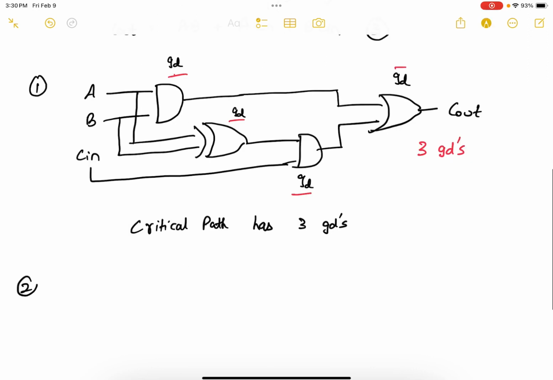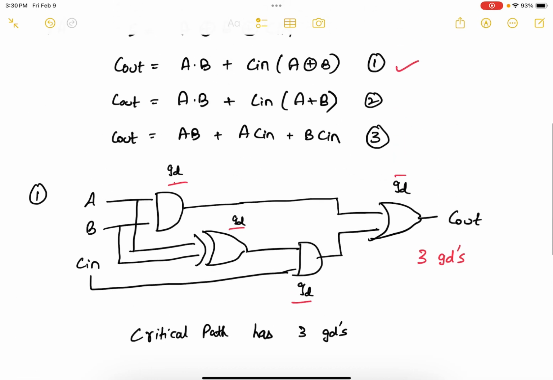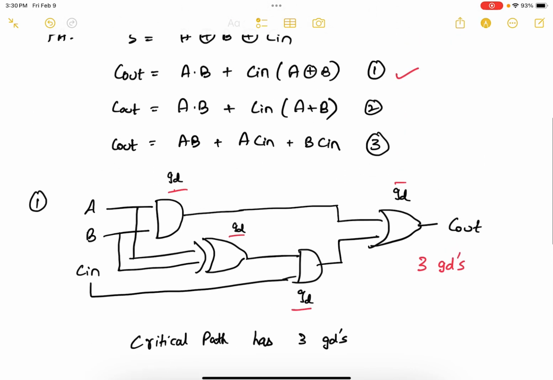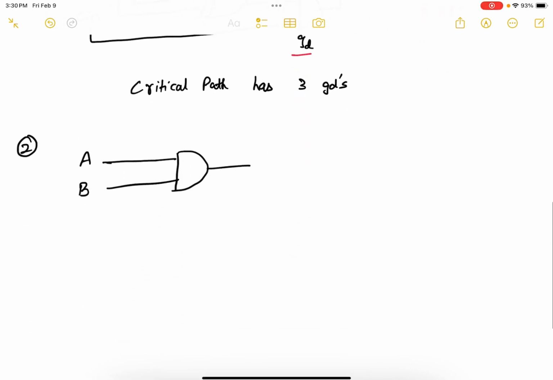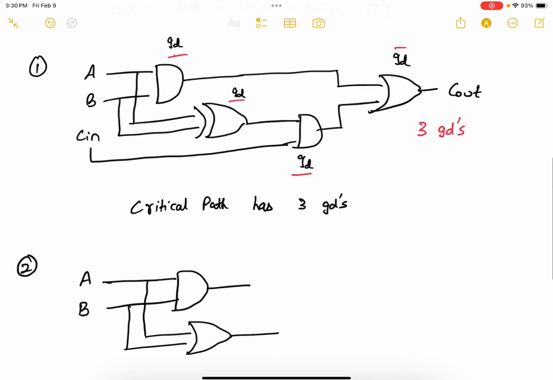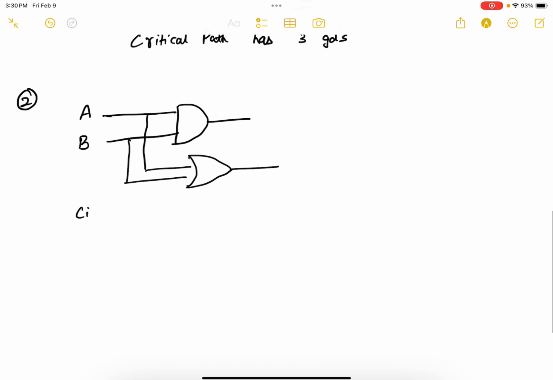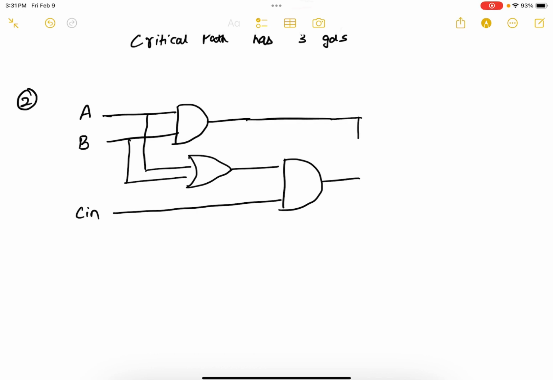Let's take the second equation, which is AB OR Cin AND (A OR B). So we have AB, they are ANDed together, and then you have the OR operation between A and B, and finally you have the Cin, which is ANDed with this result, and this is ORed.